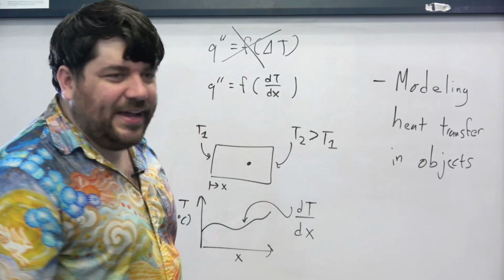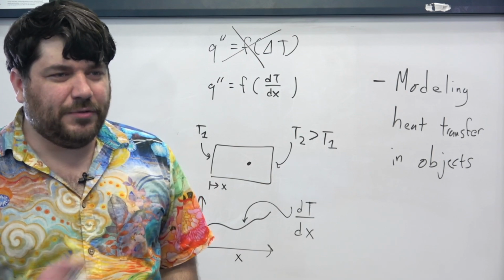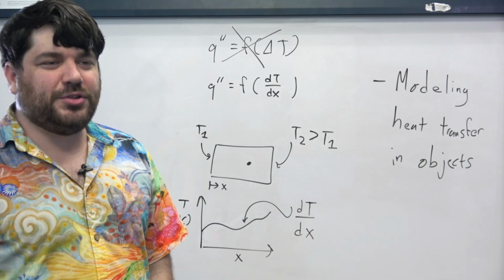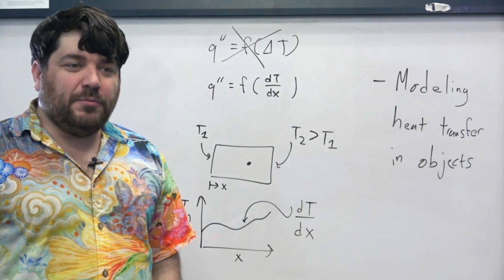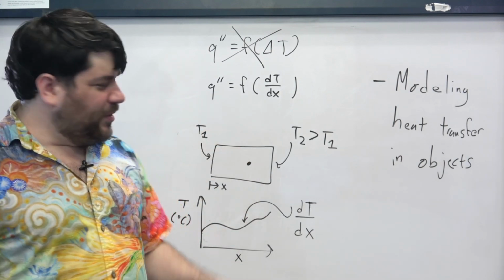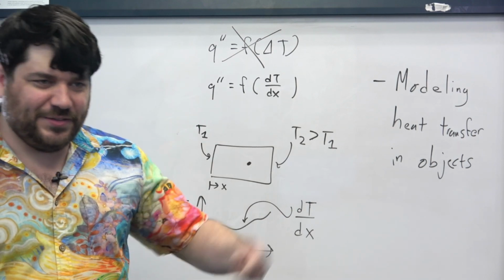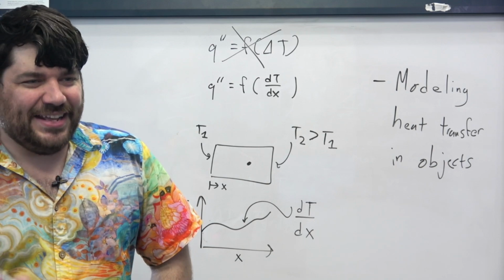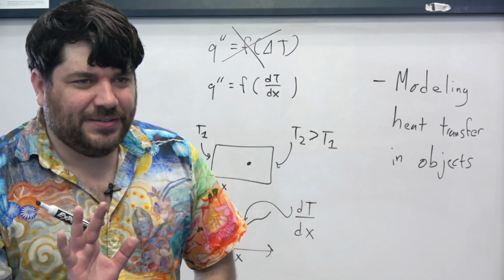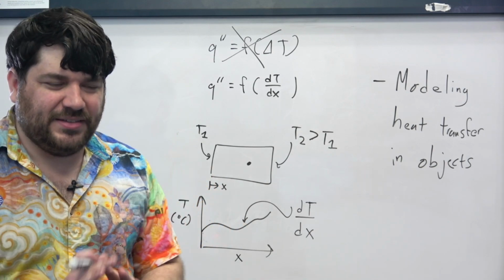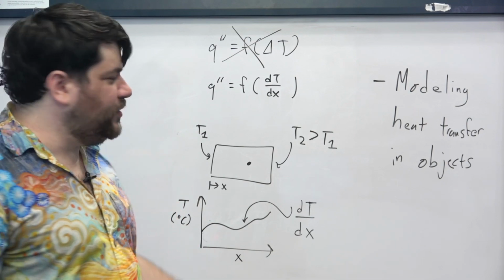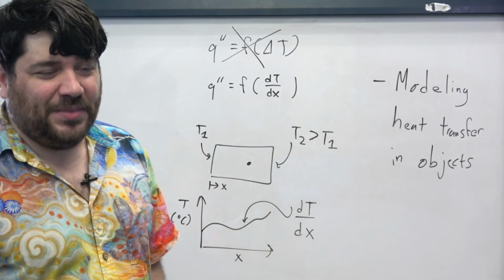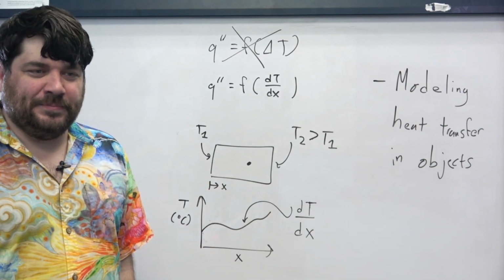Because whenever dT/dx is 0, whenever there's no local change in the temperature with respect to space, then we would expect the heat flux to be 0, because temperatures in the neighborhood of the point are all going to be the same, which means there should be no heat transfer taking place, at least at that instant in time and in that location in space.